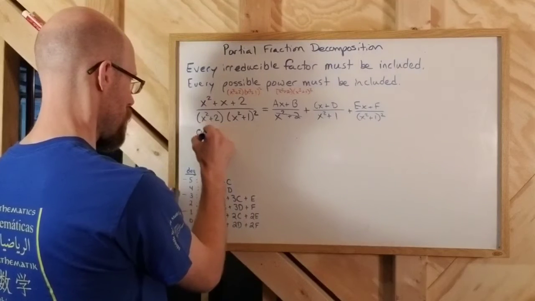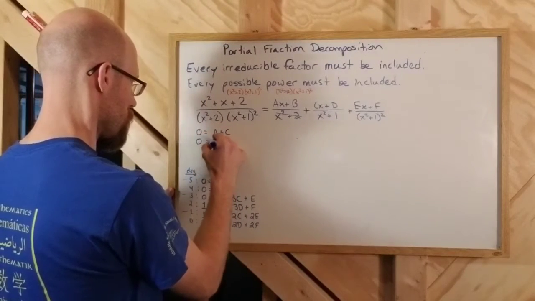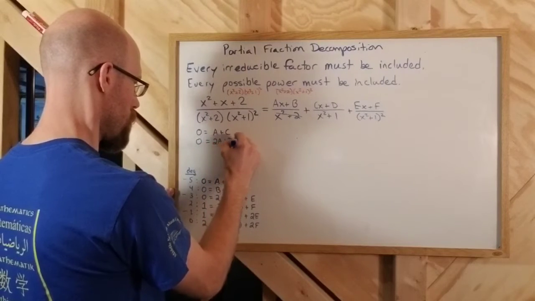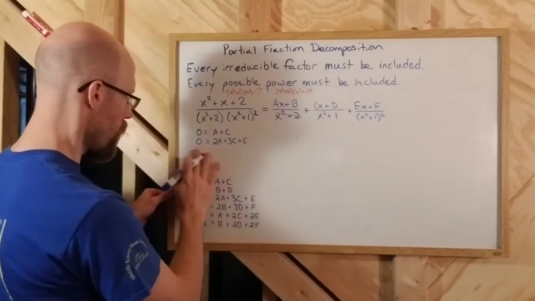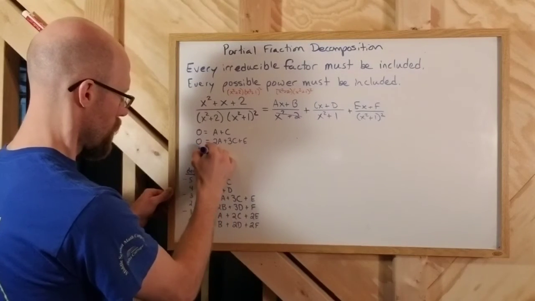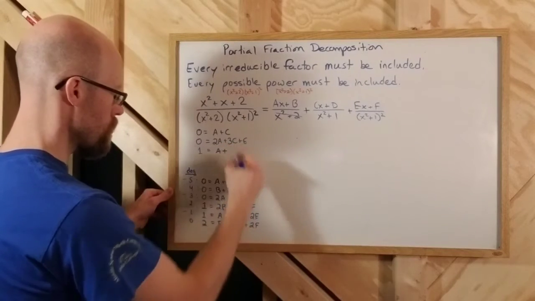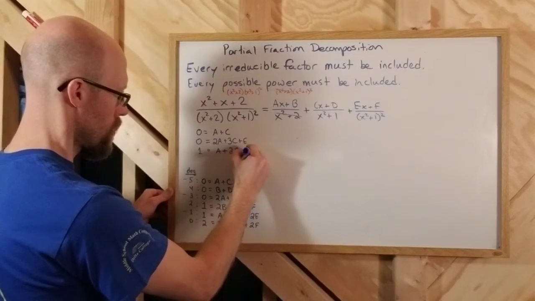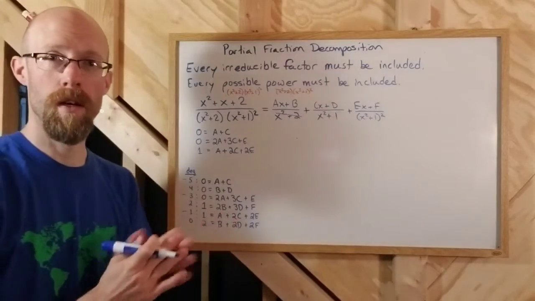So 0 equals a plus c, 0 equals 2a plus 3c plus e, and 1 equals a plus 2c plus 2e. Alright, those are my 5, 3, and 1 degree equations.